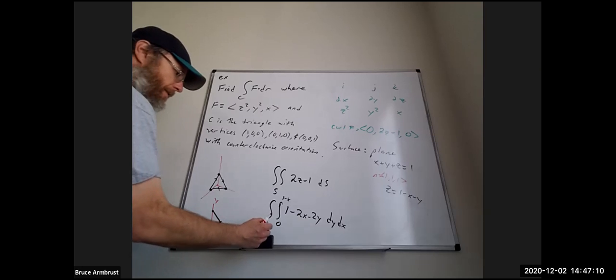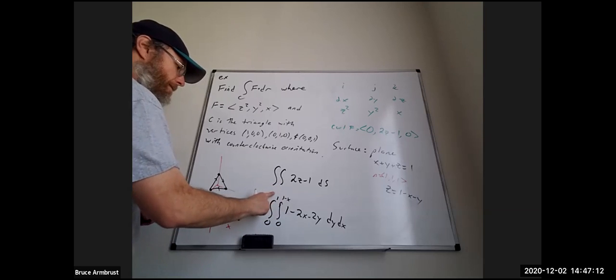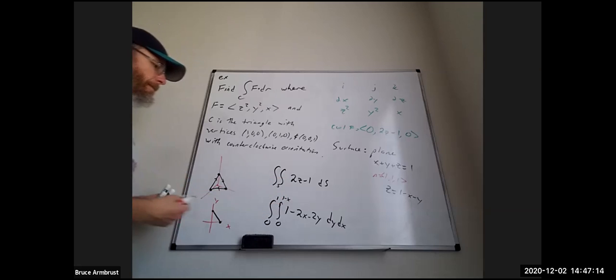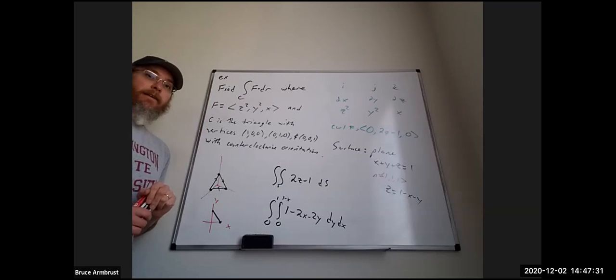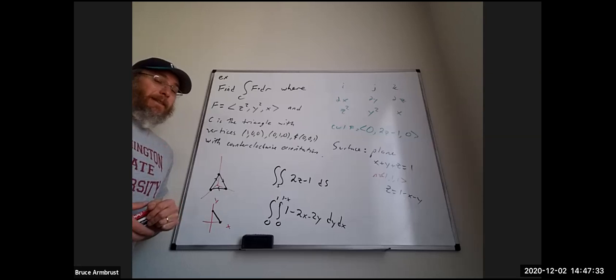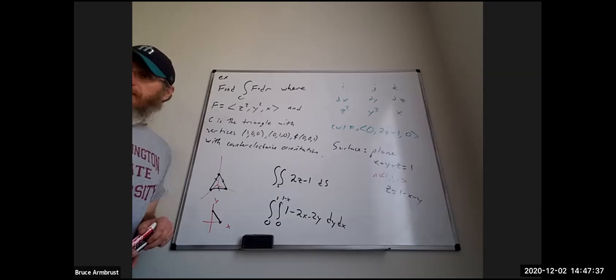And then the x's go from 0 to 1. And so that surface integral, which is just a regular old double integral, is going to give us the work done. I know it's crazy, but that's actually going to calculate the work done as we go around that curve.